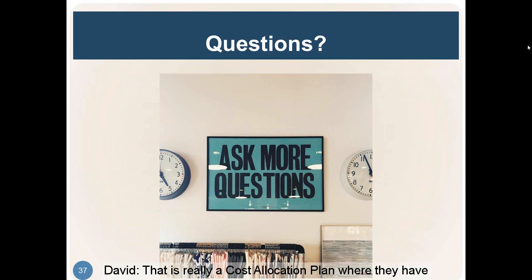Well, that's really a cost allocation plan where they've broken it out as opposed to pooling it. They're giving you significant line items and saying, okay, 10% of our rent goes to this program and 5% to that program. Essentially, they're doing the same thing, but they're doing it on a case-by-case or account-by-account basis. If you wanted to do that, it's not prohibited.